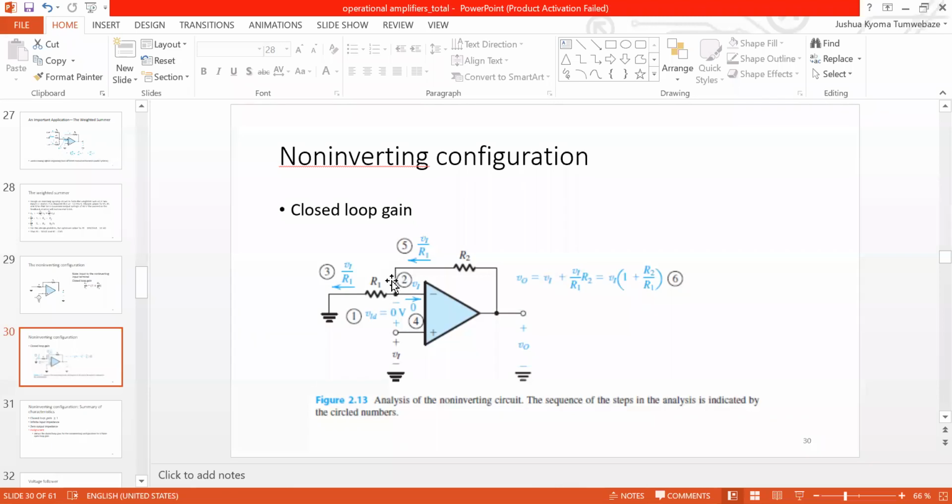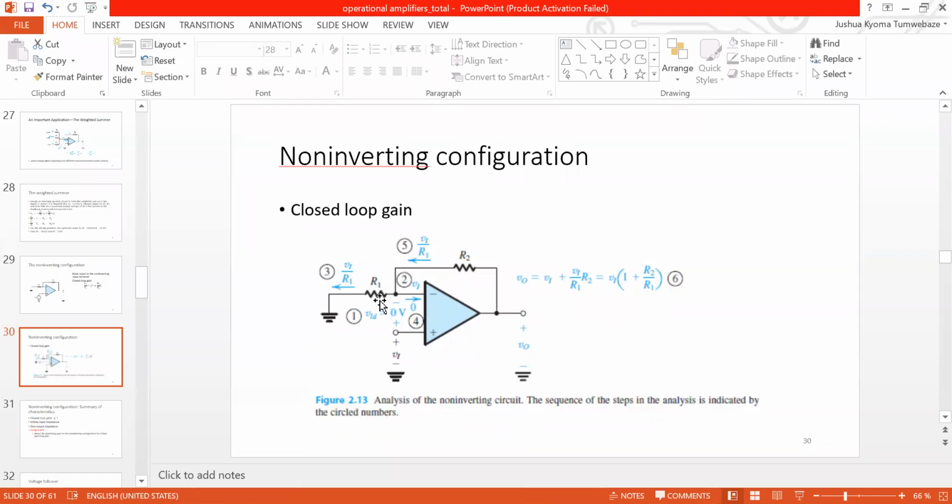So if we know the voltage there, we can determine the current that flows through R1. We know VI, and we know that the other end of R1 is grounded. So we can write a simple expression, and you can also see the direction of flow of current.